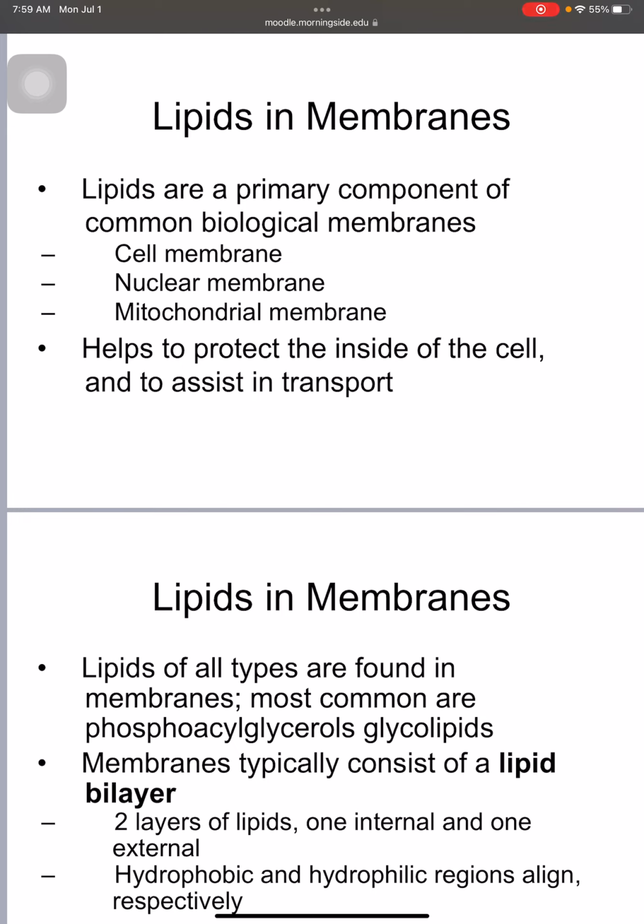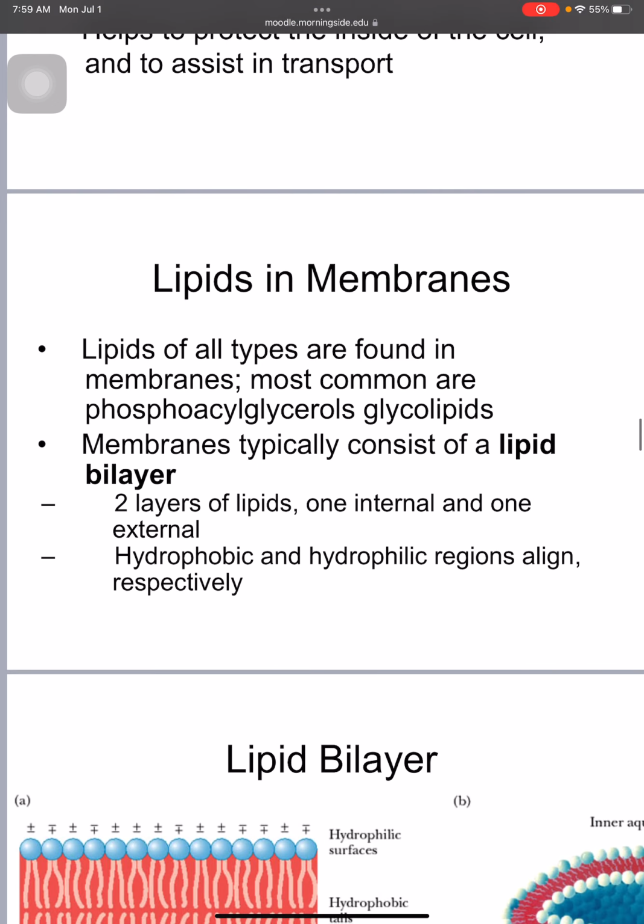But they also have some other more specified functions, right? They also help to assist in transport. We have to get stuff in and out of the cell, and in and across membranes, and the lipids help us do that. So, let's take a look at how they are used.